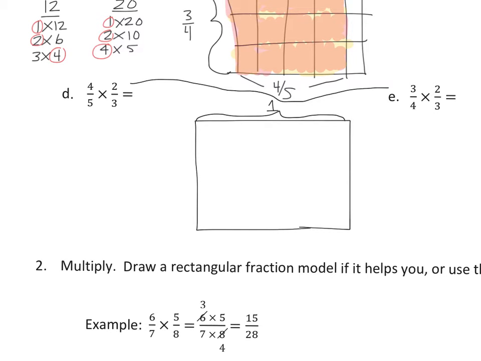And so we're going to model the second fraction first, so 2/3. So we're going to do 2 horizontal lines. That gives us 3 pieces, and we're going to label it 2/3, and we're going to shade it. If you have a colored pencil, you can do that. If not, you can just lightly shade. Don't darken it because we're going to be doing some double shading when we do our second fraction.